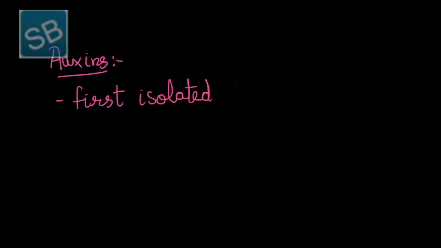Auxins are the growth promoters which can be either natural or synthetic. They were first isolated from human urine. It is such a chemical which helps in the promotion of the growth within the plant.